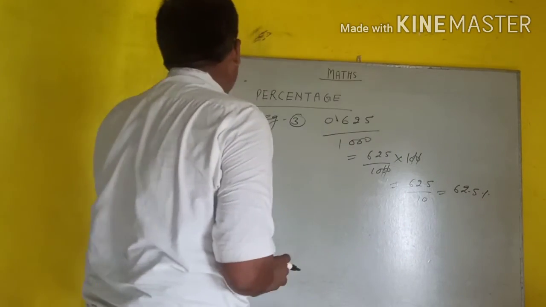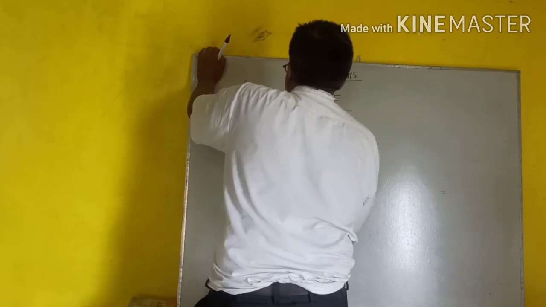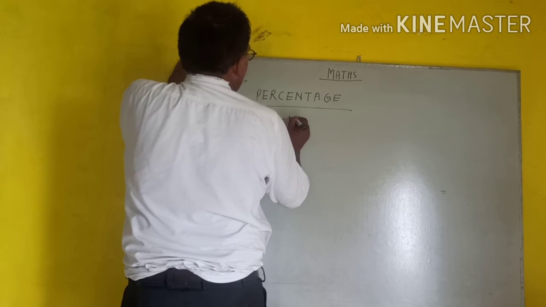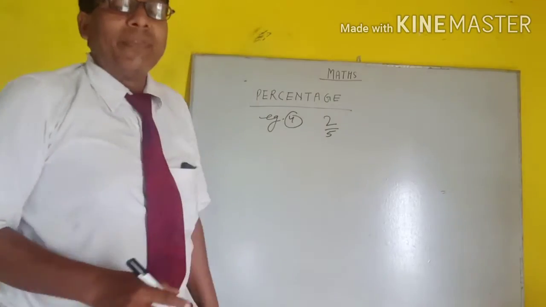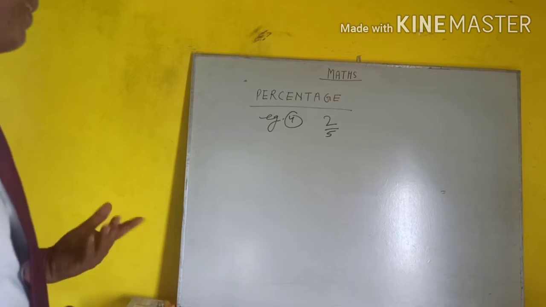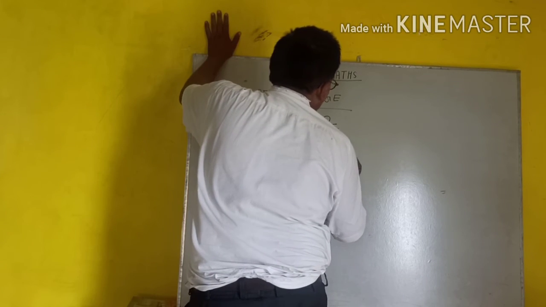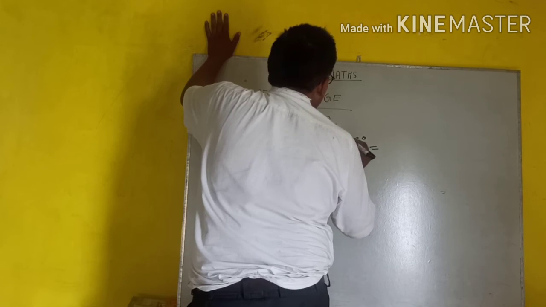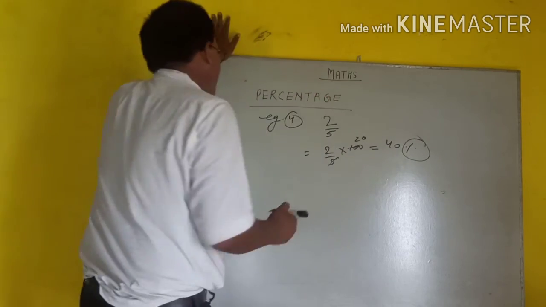Now I take another example. Example 4. If there is written 2/5, how do you convert it into a percentage? Here you write 2 upon 5 multiplied by 100. Here 5 times 2 is 10, 20. 20 multiplied by 2 is 40, which is equal to 40%.